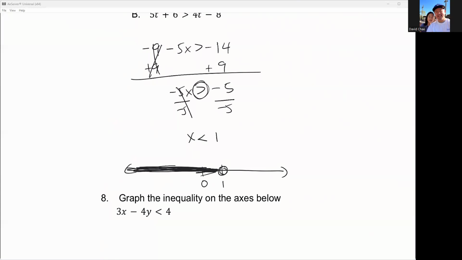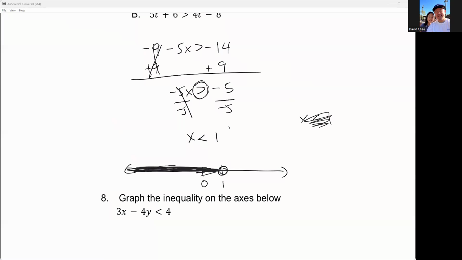Good question. Why is it an open circle? Because it's just less than, it's not less than or equal to. If there was that line underneath, you know how sometimes you put a line underneath, then you would fill in the hole. But because there is no equal to sign, it doesn't include 1.